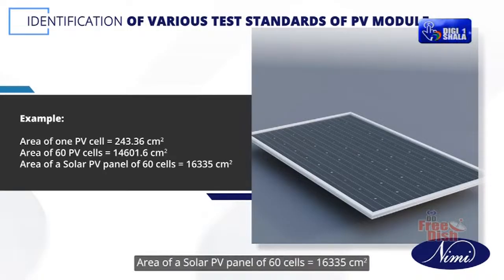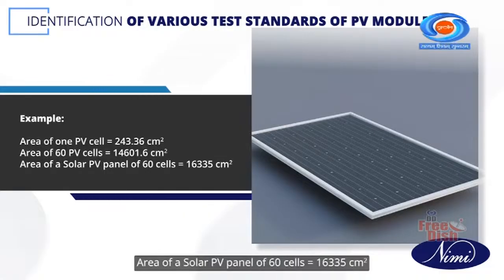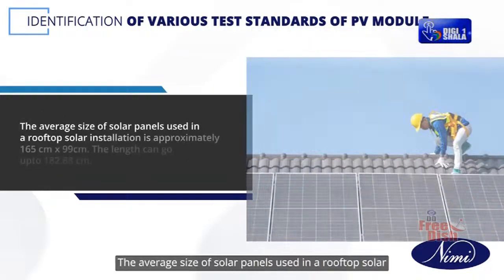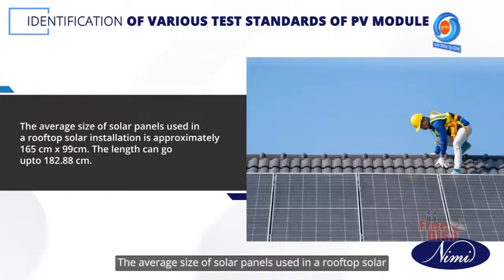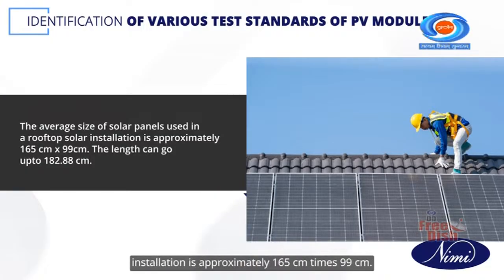Area of a solar PV panel of 60 cells is equal to 16,335 cm².